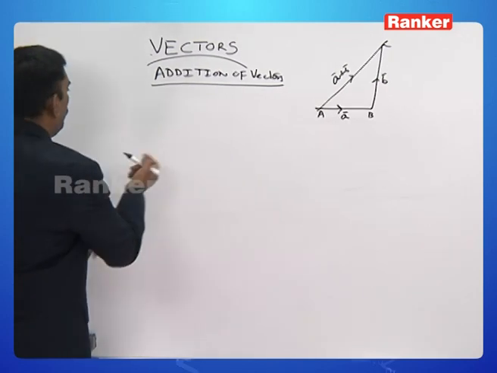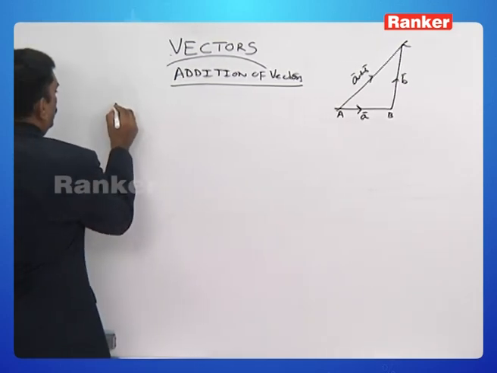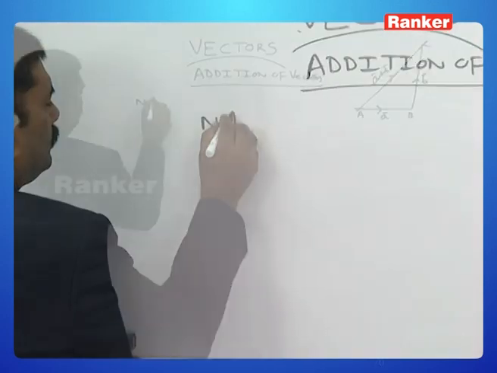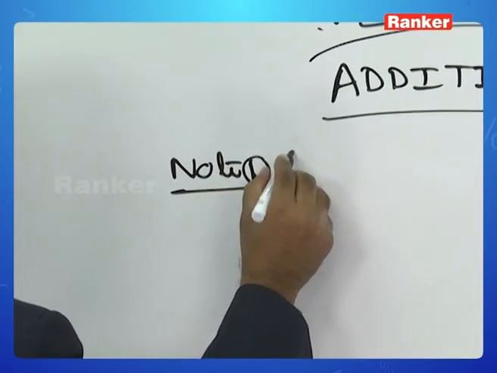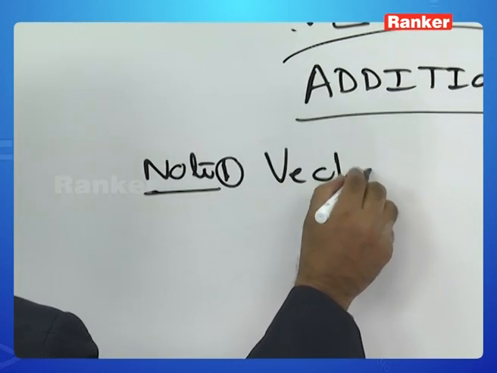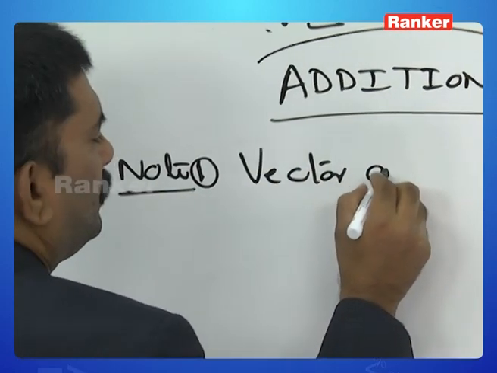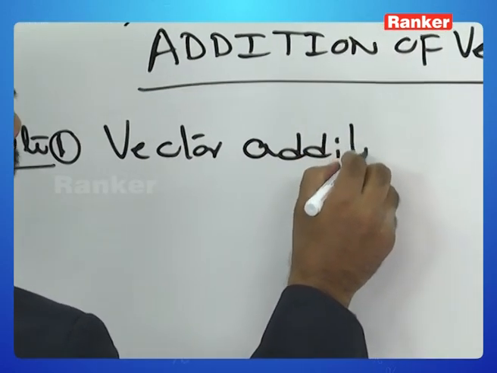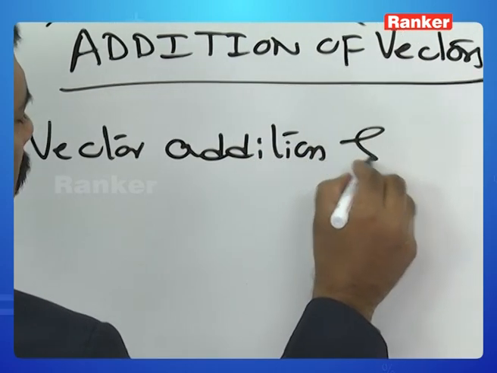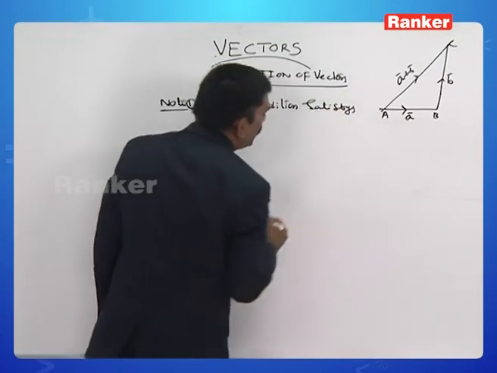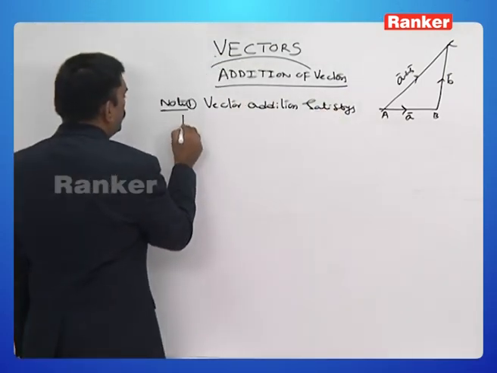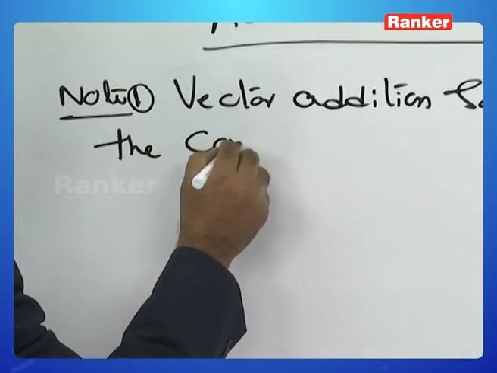Now, vector addition, first one, vector addition satisfies the commutative law.